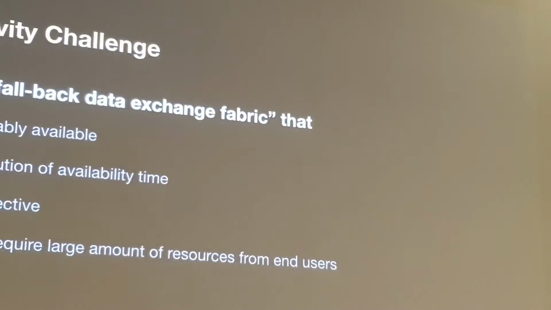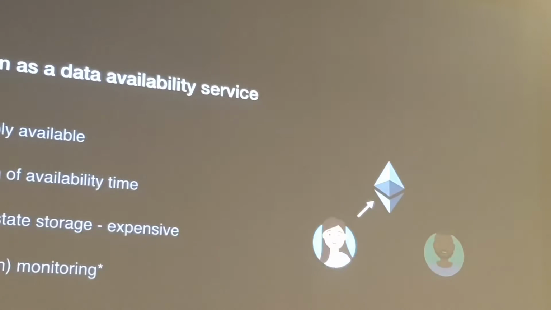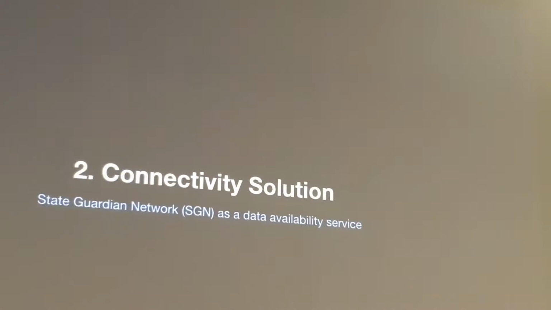So we need a fallback data exchange fabric that is reasonably available, has attribution of availability time, and is extremely cost effective and does not require a large amount of resources from the end users. We can use blockchain as a data availability service, basically meaning that if you're passing the data to your opponent and your opponent does not respond, you just pass that data also on the blockchain, assuming that everyone has reasonable accessibility to the blockchain itself.